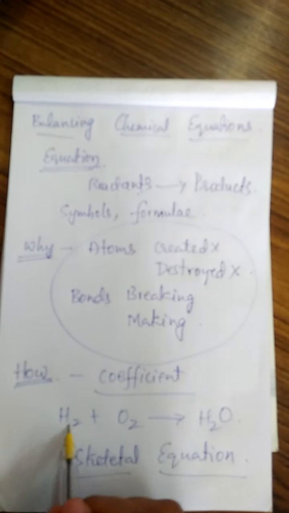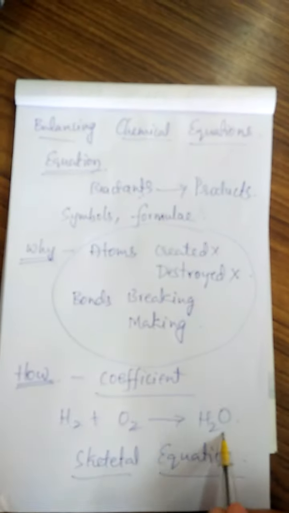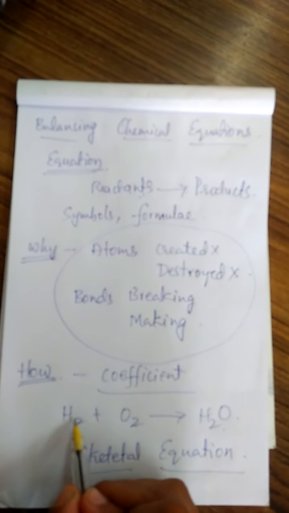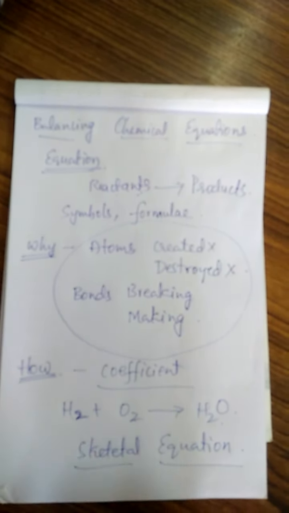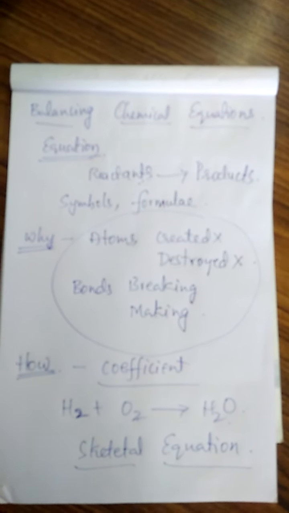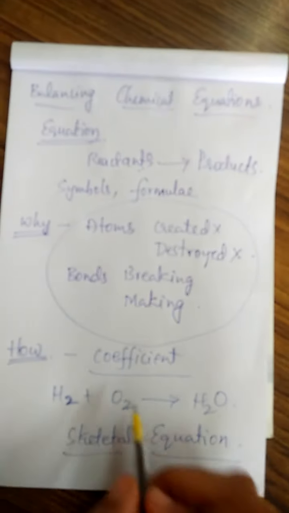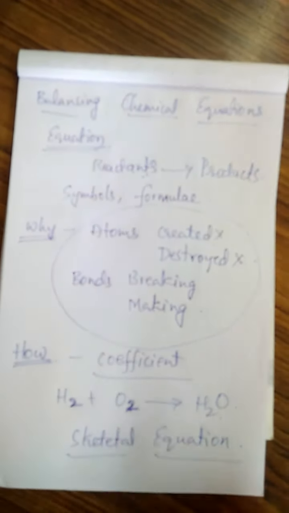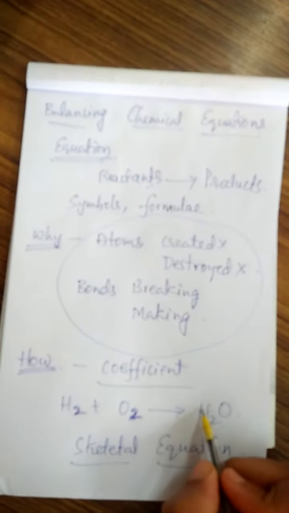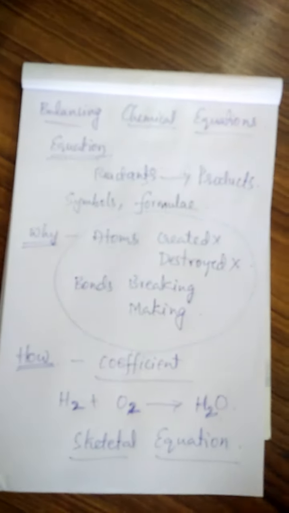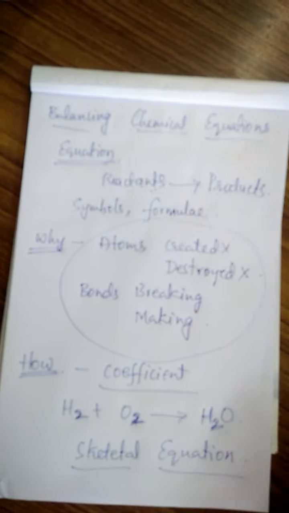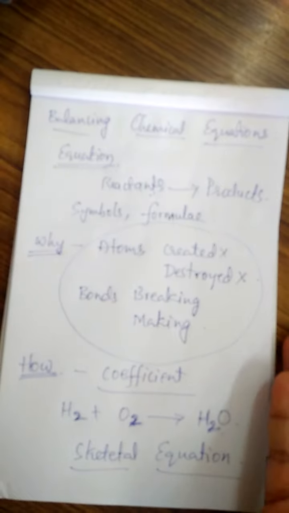So here you can see hydrogen and oxygen reacting to form water. Just observe, children, we have written 2 for hydrogen. Why? Because it is a diatomic molecule. Even oxygen is a diatomic molecule. That's why we have to write 2. We have written H2O because the formula of water is H2O, as we have already seen according to the symbols of ions.